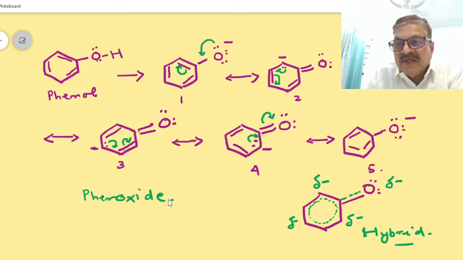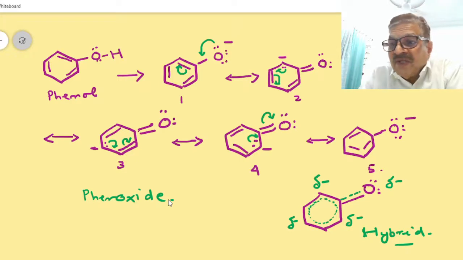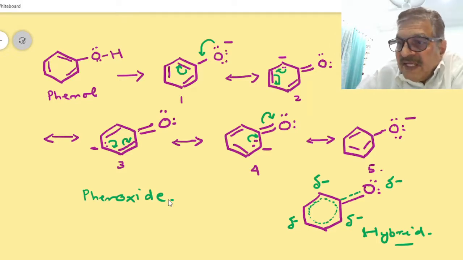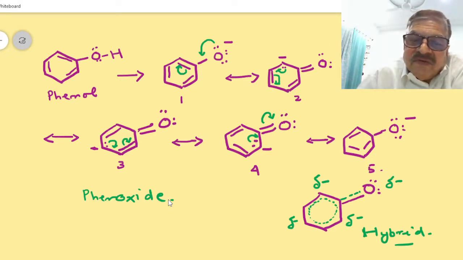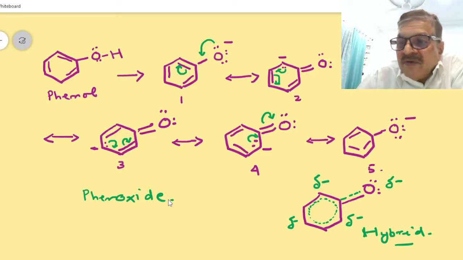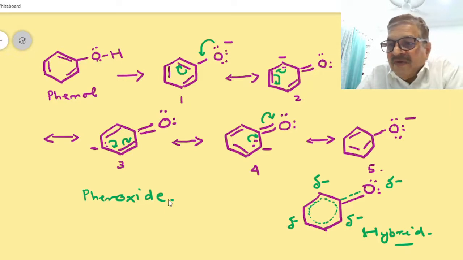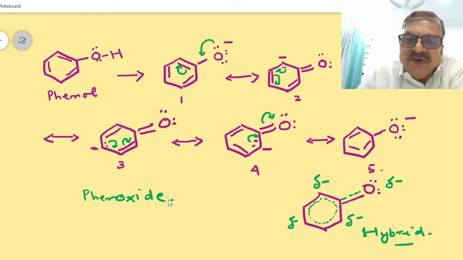That is, the negative charge is localized on the oxygen atom. In the acetate anion, the negative charge is delocalized on two oxygen atoms, and in phenoxide, only on one oxygen atom. Therefore phenoxide anion is more stable than ethoxide and less stable than acetate.